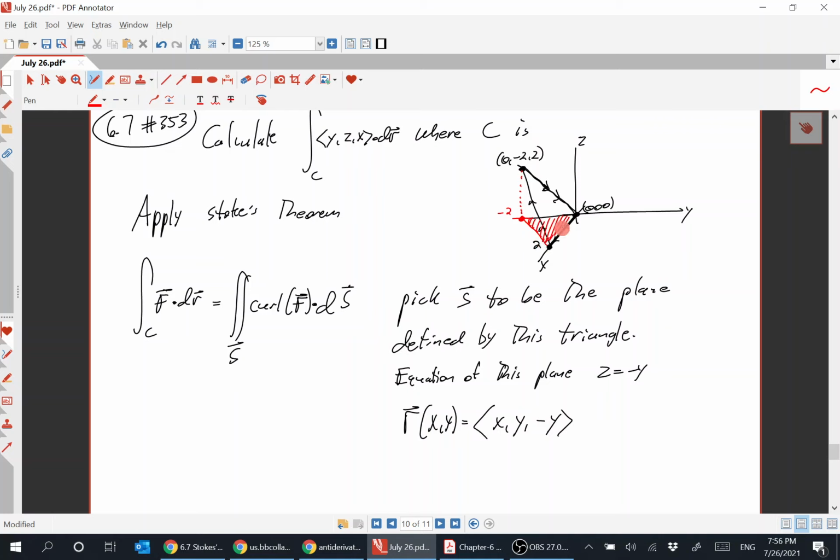This is the domain, R, down here. It's the projection of that surface, the shadow of that surface in the xy plane when you shine the light straight down. So the surface we're using is this plane. The domain for it is that triangle down there, and of course we want it oriented in the upward direction.